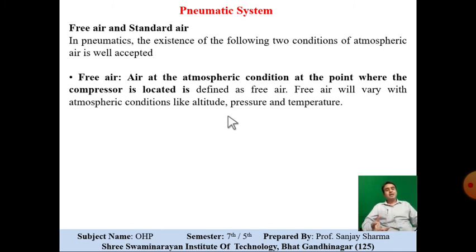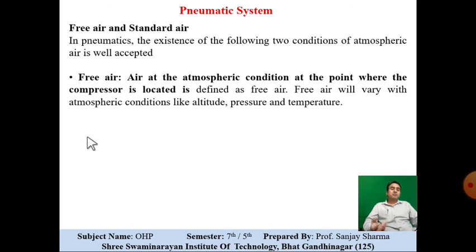Normally the air which is available at the suction of the compressor, which is sucked from the atmosphere, is termed free air. These conditions of the free air change as the altitude, pressure or temperature changes.